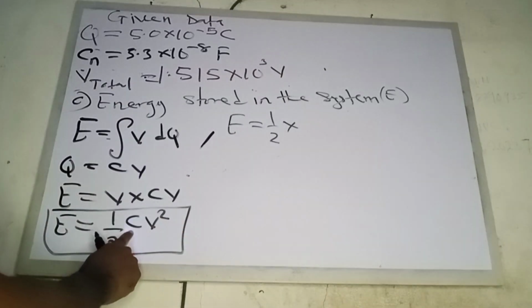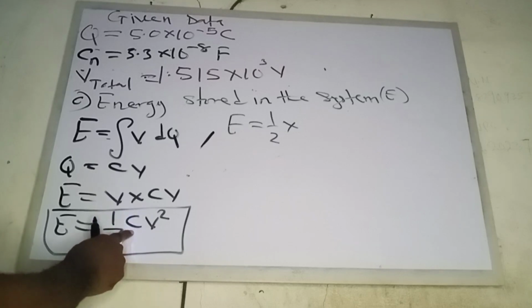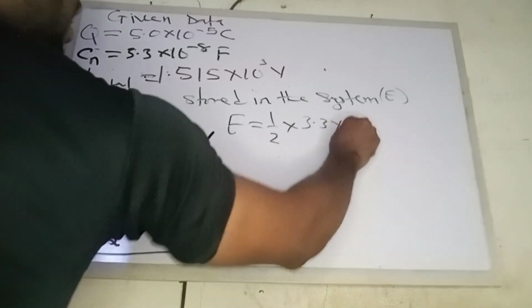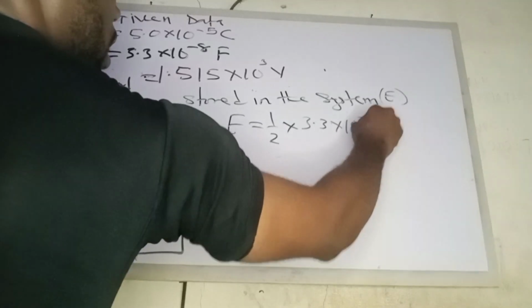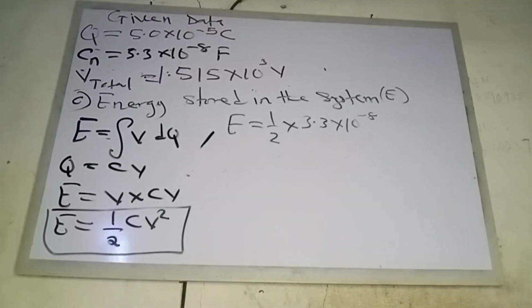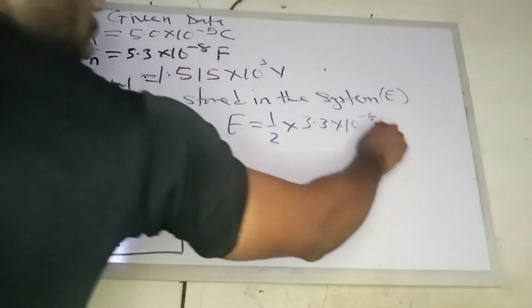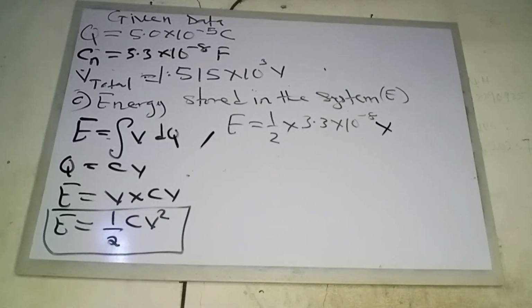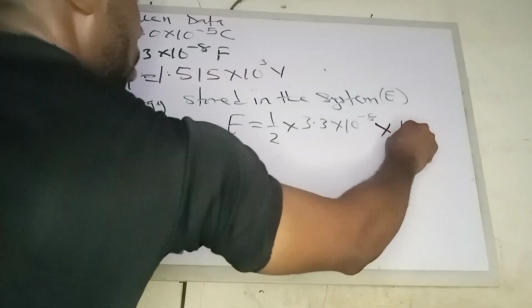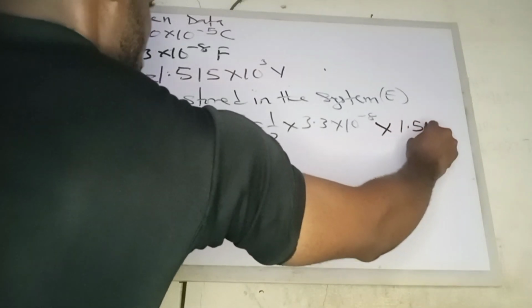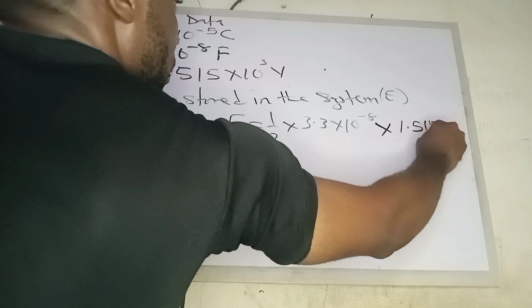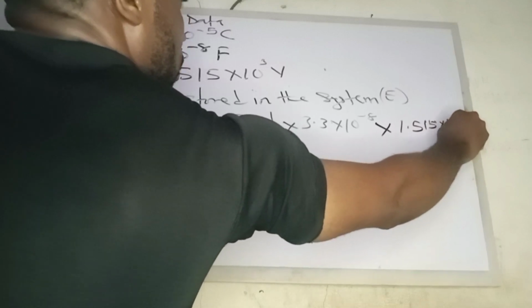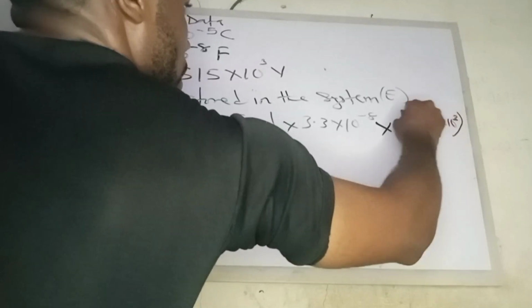Then we're using the total capacitance, which is 3.3 times 10 raised to the power of minus 8, multiplied by V. What is our V? We got our V to be 1.515 multiplied by 10 raised to the power of 3, and here they said all squared.